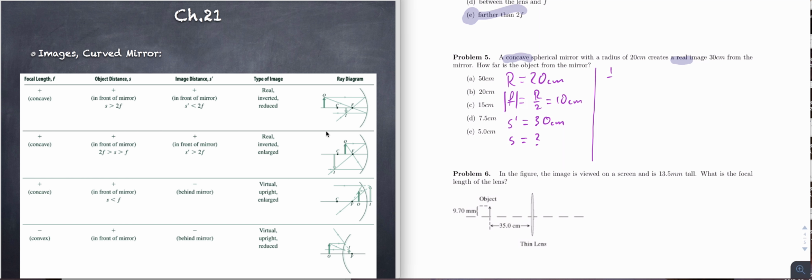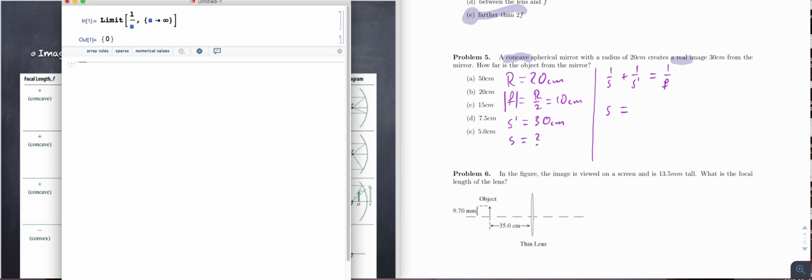So we have 1 over S plus 1 over S prime equals 1 over F. And so now we can solve for S. And let's use our Mathematica for that.